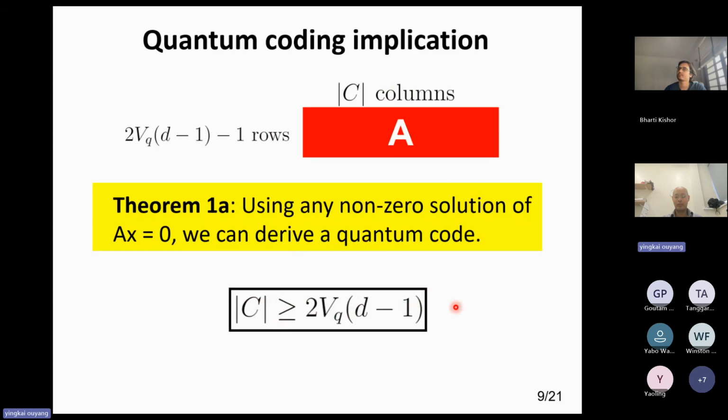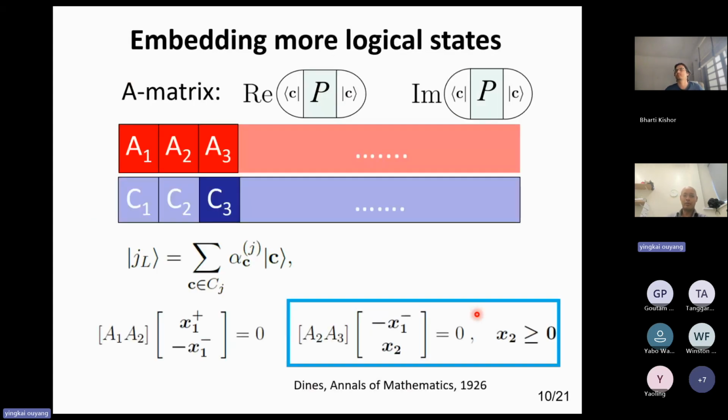And that's quite nice. And so then there's the next challenging question. All right, so we have encoded one logical qubit, so we have logical 0 and logical 1, but can you make logical 2, logical 3, logical 4, and so on? Well, that's actually quite challenging.